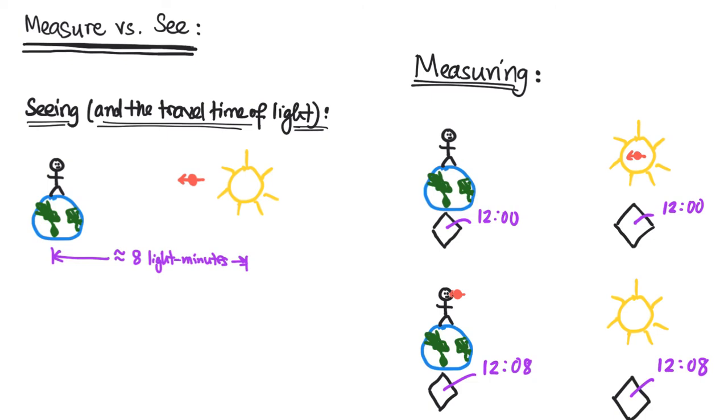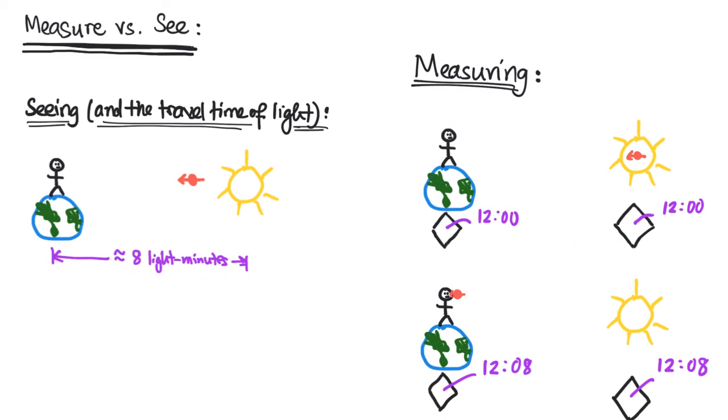Okay, so how do we talk about the measurement that this person on Earth is making? Well, we're going to say that he or she is receiving a photon at 12:08 their time, but they are aware, because they've made measurements in some other way, that the distance from the Earth to the sun is 8 light minutes.